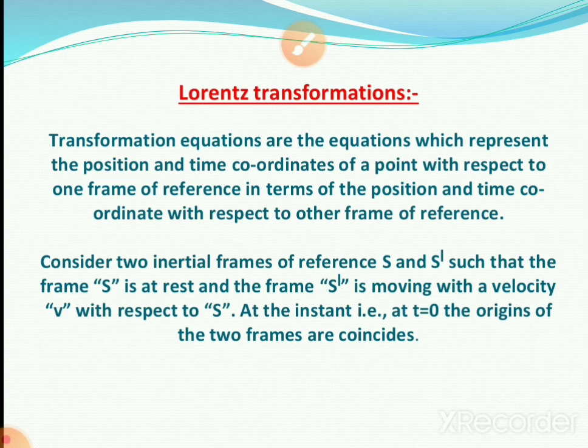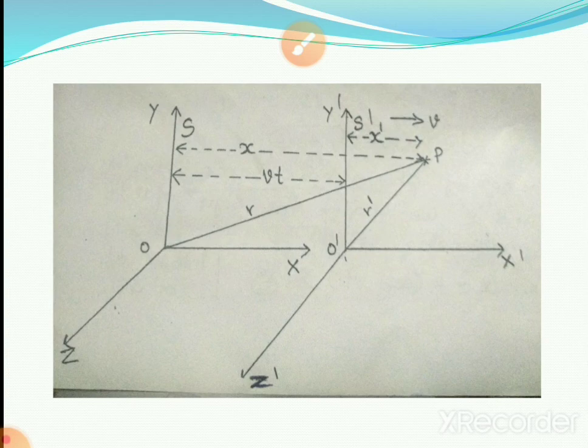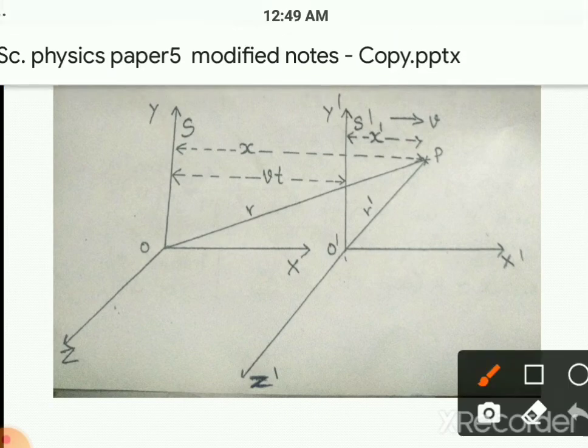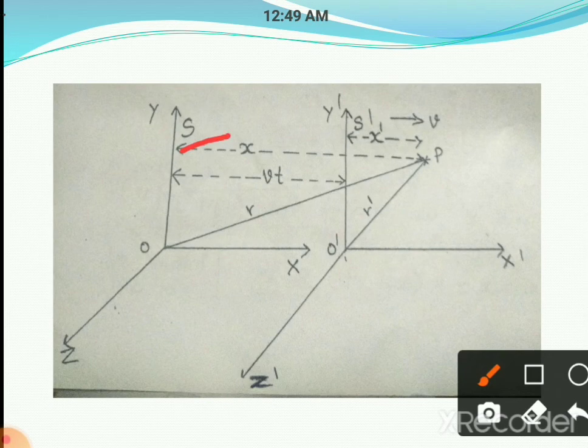So let us consider two inertial frames of reference. You can see in this picture, two inertial frames of reference S and S dash. This is the S frame and this is the S dash frame.